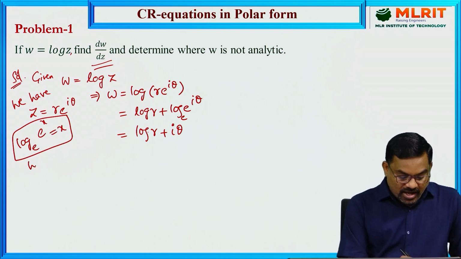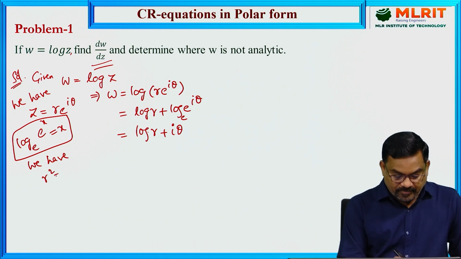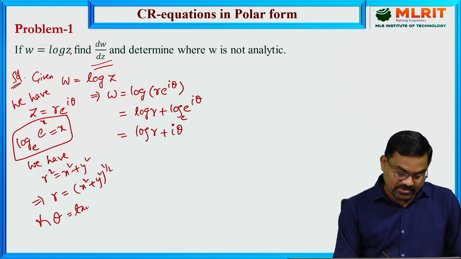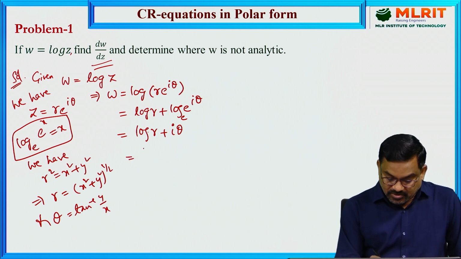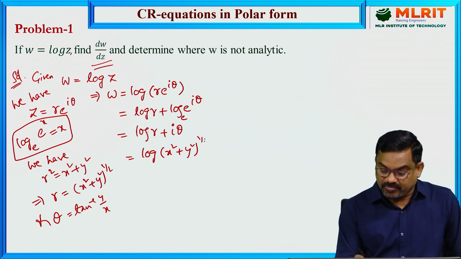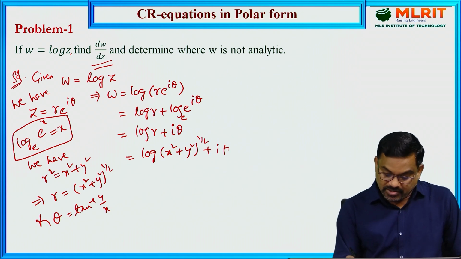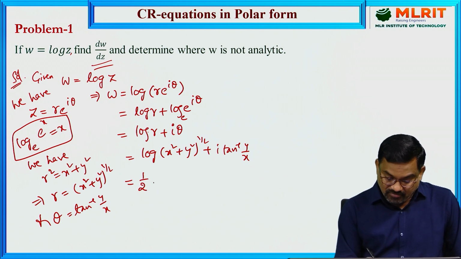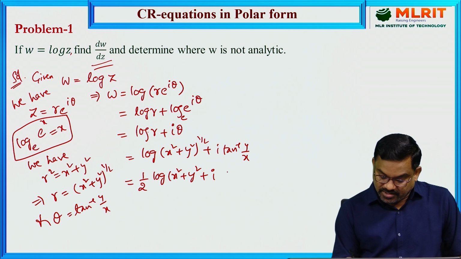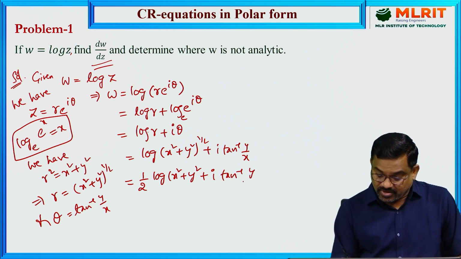Also, we have r squared equals x squared plus y squared. That implies r is (x squared plus y squared) power 1 by 2, and θ is tan inverse y by x. Substituting these two, log r is log of (x squared plus y squared) power 1 by 2, plus i into tan inverse y by x. Simplifying further, half log (x squared plus y squared) plus i into tan inverse y by x.